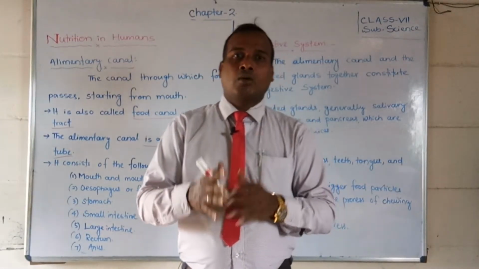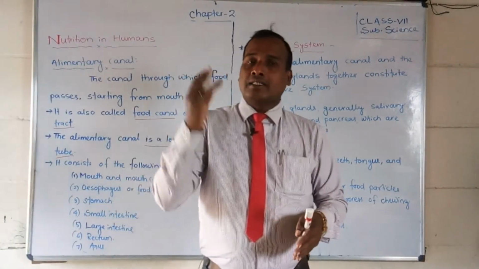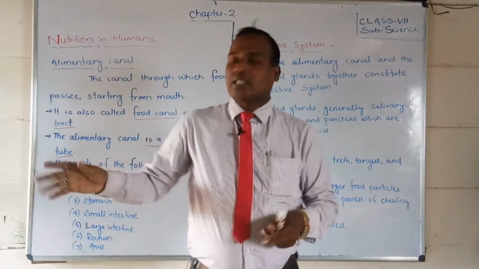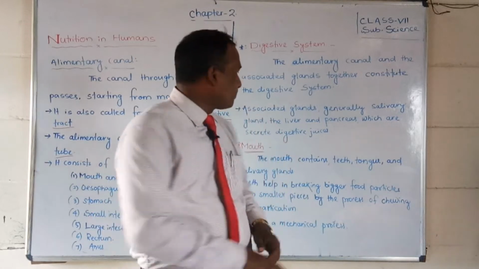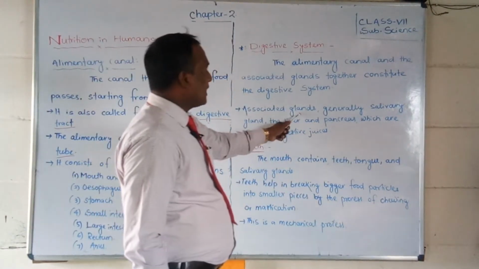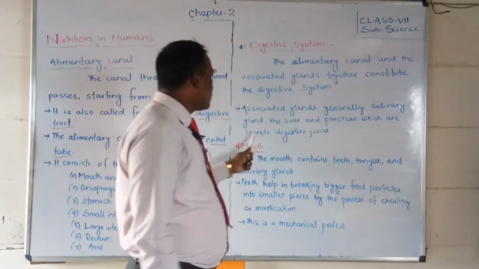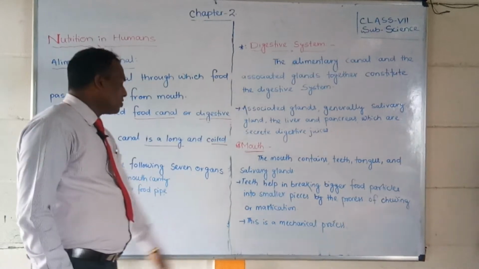So these associated glands, generally the salivary glands, pancreas and liver, together with these 7 organs are called the digestive system. The associated glands, the salivary glands, liver and pancreas, secrete the digestive juices. So students, this is all about the digestive system.